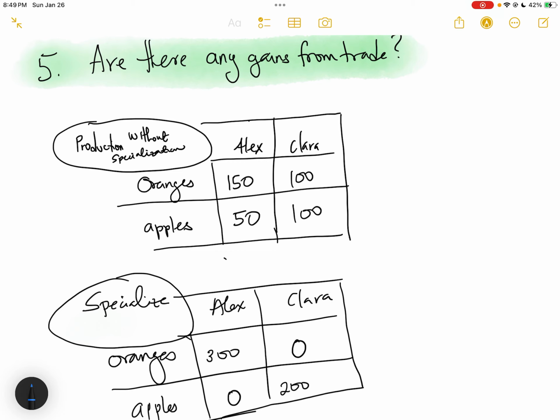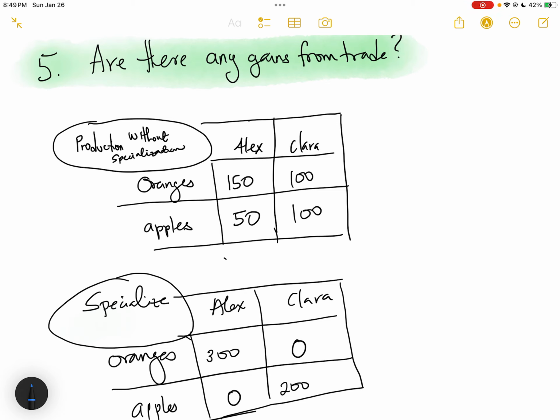Now, we are curious whether there are any gains from this trade. And so we can look at production with these two individuals without any specialization and without any trade.